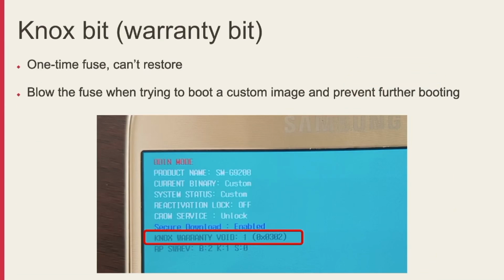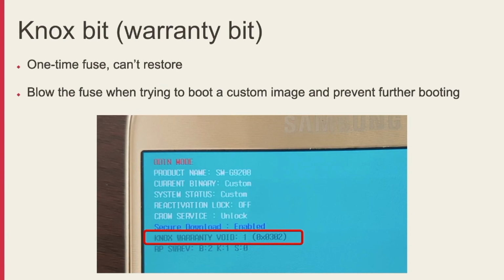What will happen if the Knox bit is set? The provision of Samsung's warranty depends on the Knox bit, also called the warranty bit. Trying to boot an unofficial boot image will tamper with the Knox bit. It is a one-time writable memory. There is no way to recover it.